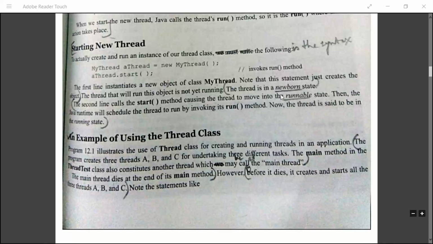First it is created and next it is started. Now the invocation of the run method takes place. Now the thread will move to the running state. So it will have three states: newborn state, runnable state, running state. So this is the actual state where the class is getting executed. I mean the code which is written in the run method is getting executed.